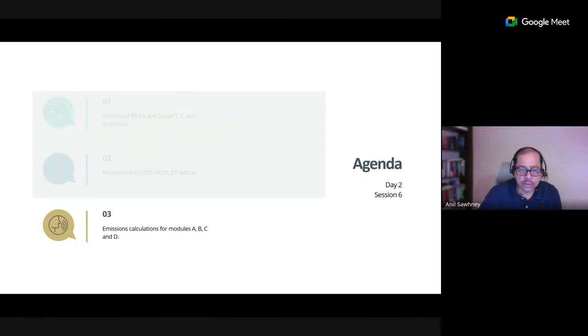Now let's dive deep into the actual calculation. What I'm going to follow is the RICS WLCA methodology, but I think you will see other standards have a very similar approach also.